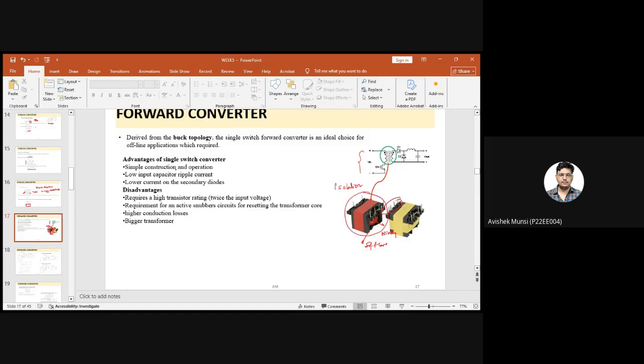So the advantages are very simplified construction and operation, and low input ripple current. The disadvantages are that it requires a high transistor rating, it requires active snubbers for resetting the transformer core, it has higher conduction loss, and mostly this type of converter requires transformers that are bigger in size.